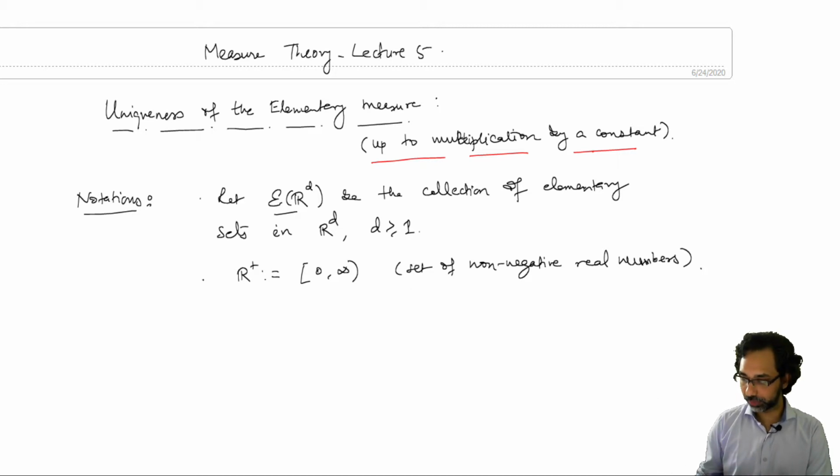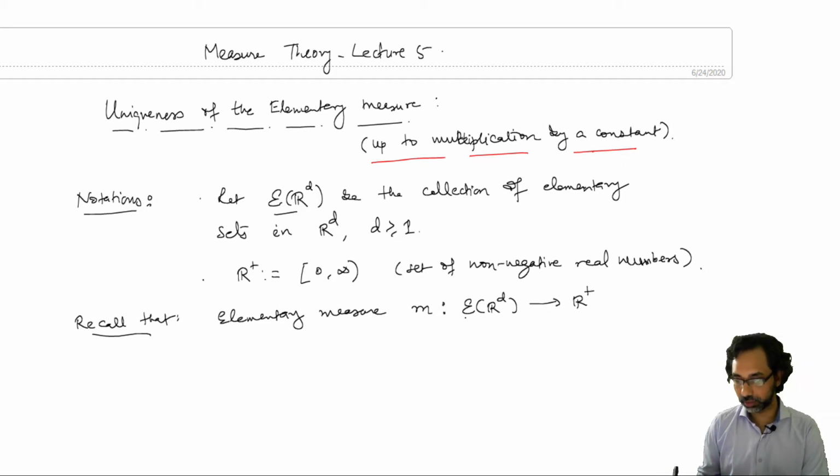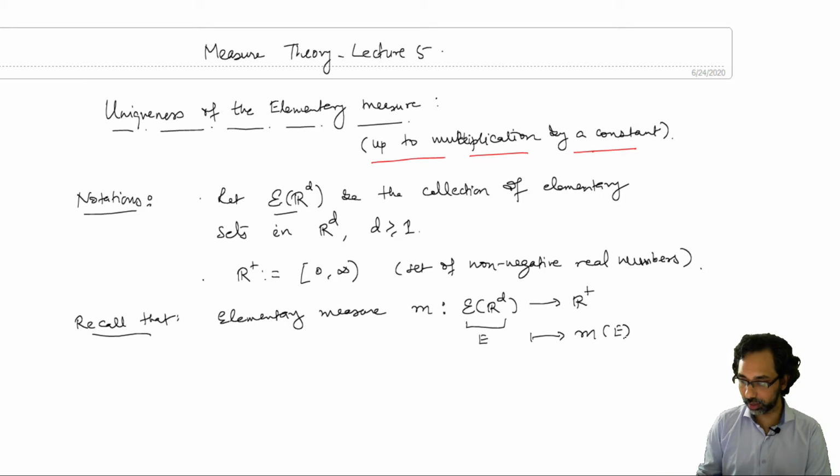So now recall that our elementary measure, which I now view as a map from this space E(Rd) to R plus, takes as input an elementary set E, and it gives you the value m(E), which is a non-negative real number.